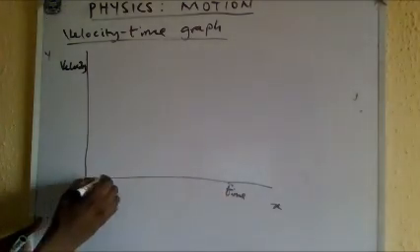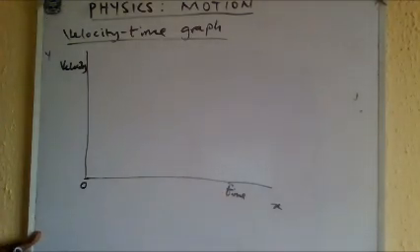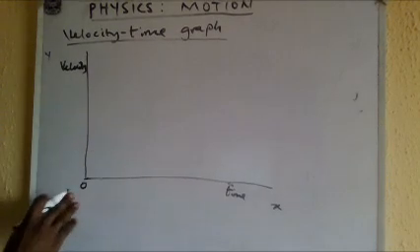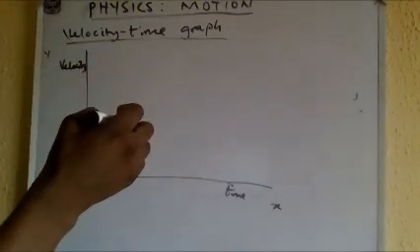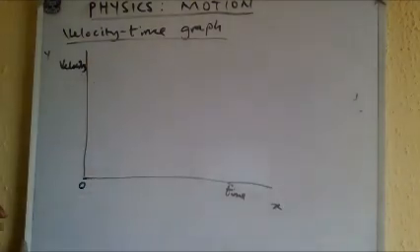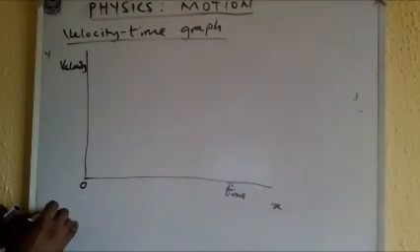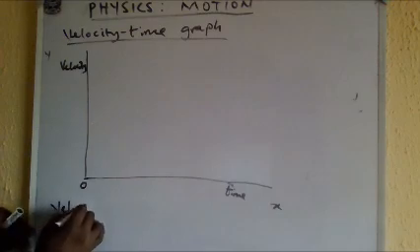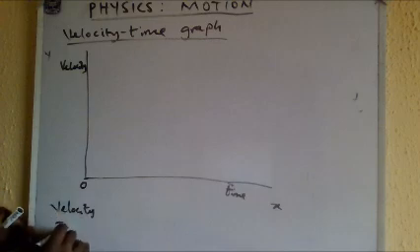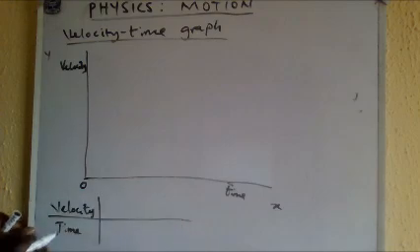So if a body starts from rest, 0, and gradually moves, normally it comes from a table. Okay, let me just draw a table and let's plot the graph. I'll draw a table under. You can see it. There's a table where different results were collected for velocity and time at different times.